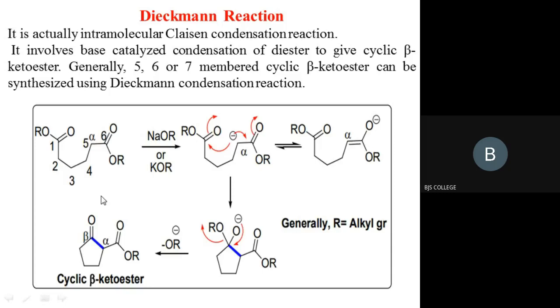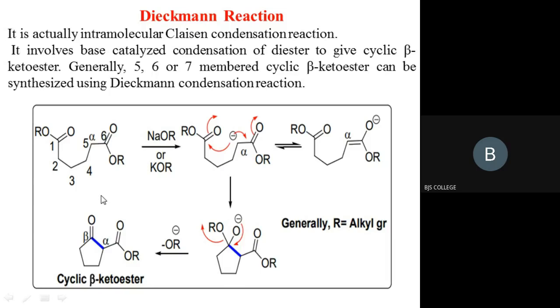Crossed is where two molecules from different aldehydes react with each other. Whereas in intramolecular, within the molecule you get a carbanion that undergoes condensation with the aldehyde or ketone group of the same molecule to give you a cyclic beta hydroxy aldehyde or beta hydroxy ketone as a product.